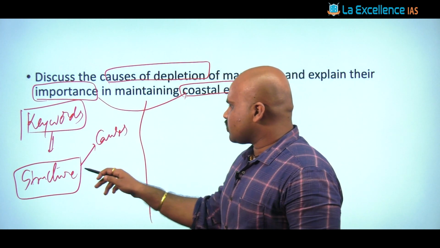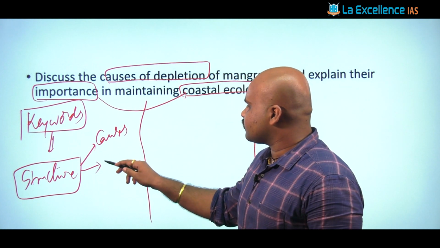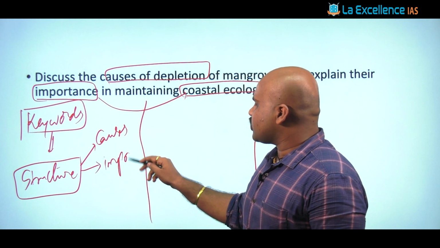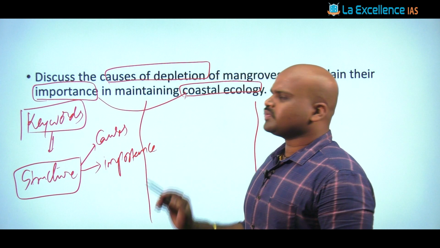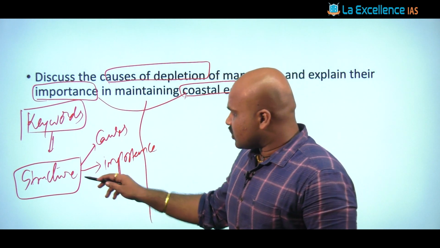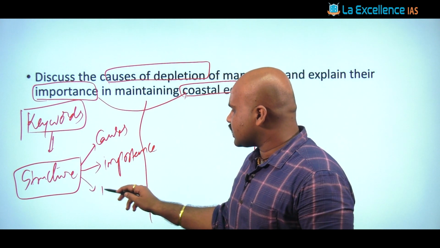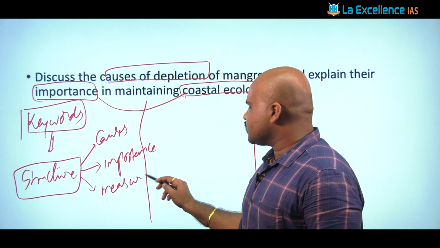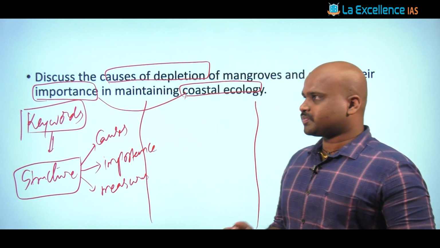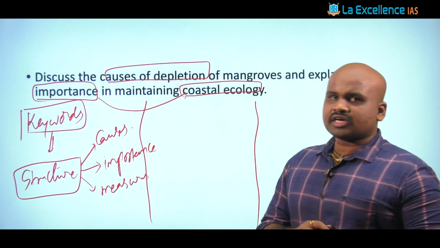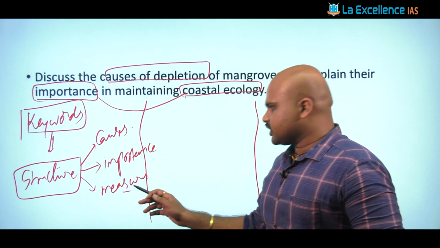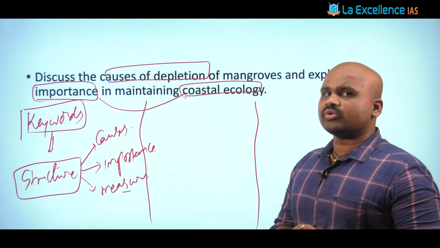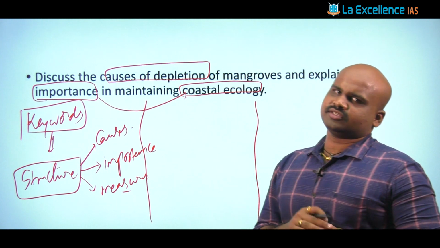Once we discuss the causes of depletion, we also have to talk about its importance. And once we discuss its importance, we certainly need to talk about the measures that can be taken, because the causes of depletion are being discussed. So we have to talk about the measures that exist for the preservation of such a thing.